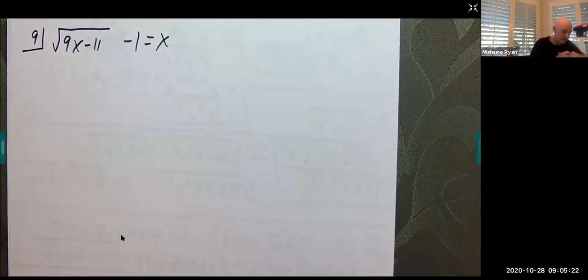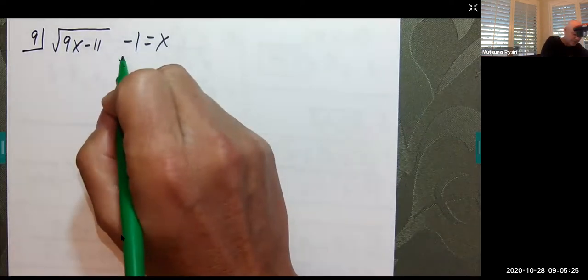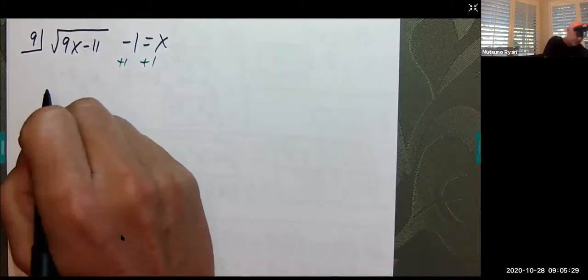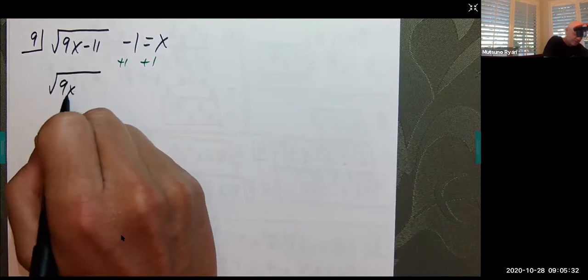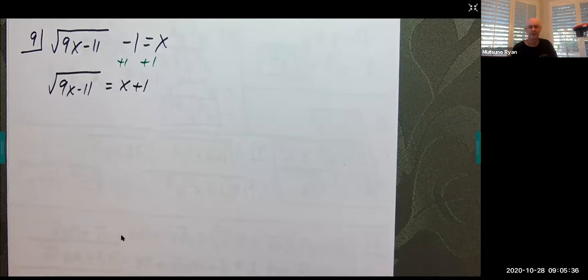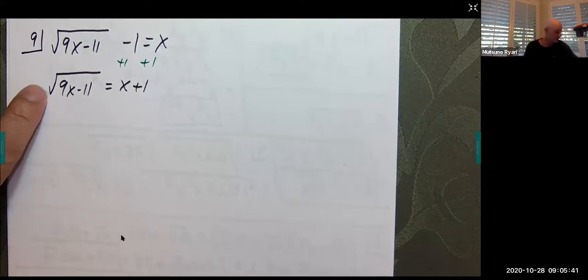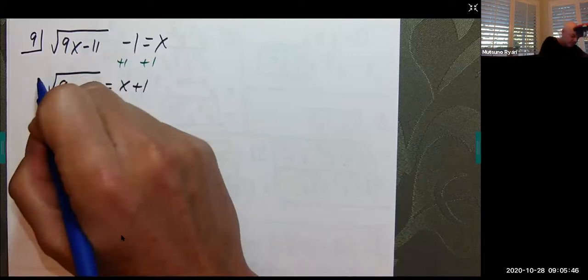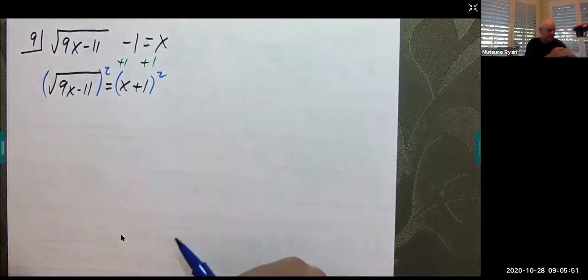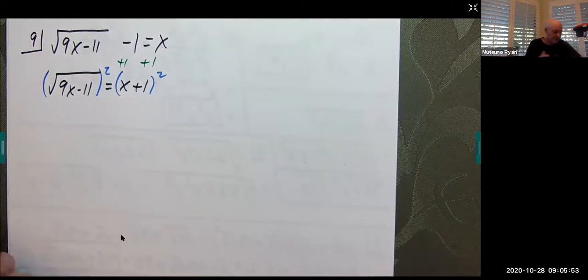So what I'm going to do is I'm going to add the 1 to both sides. Now to get rid of the square root, I'm going to square both sides. Again, I can't just distribute the squared symbol. I have to actually FOIL that out.